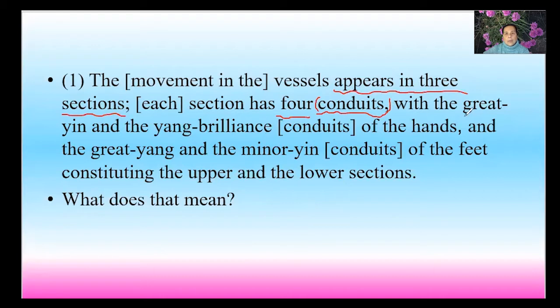With Tai Yin and Yang Ming, that's Yang Ming. Tai Yin and Yang Ming of the hand. So Tai Yin is the lung, and Yang Ming is the large intestine of the hand.